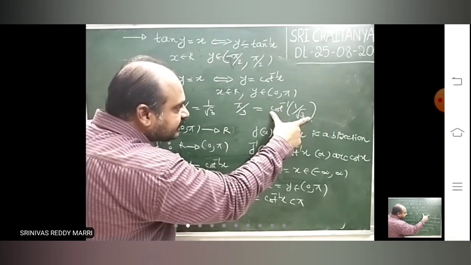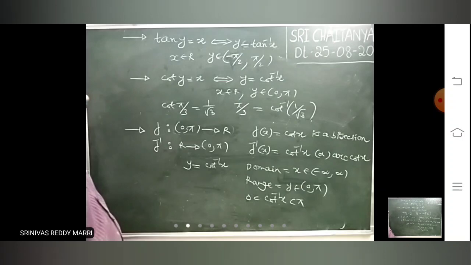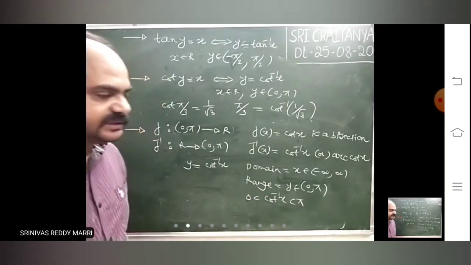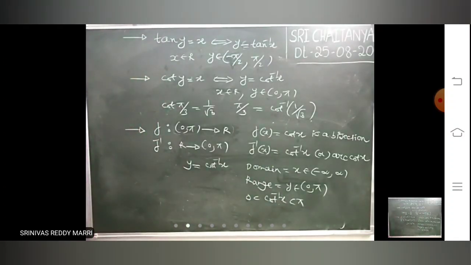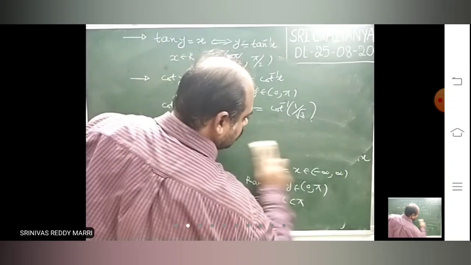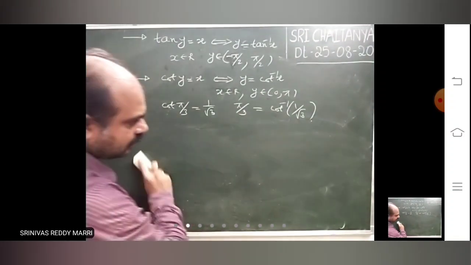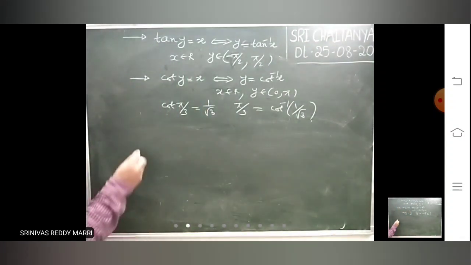That means whatever the cot inverse value, you must get that angle between 0 and pi. This is the cot inverse function. Look at, suppose, the domain.